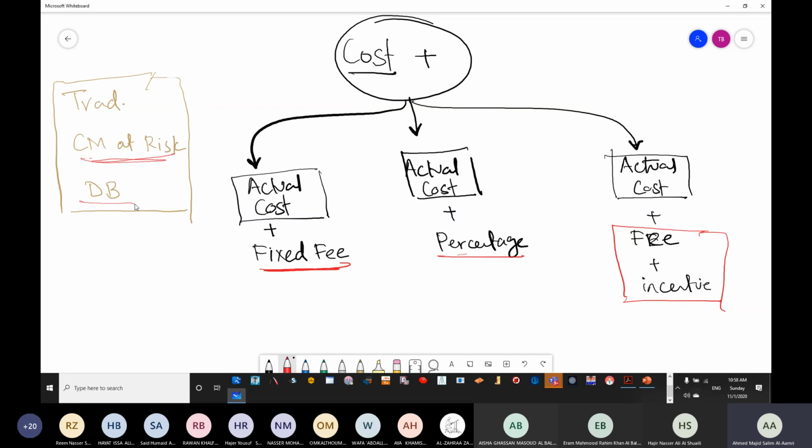Now, which one is better for you as an owner? To pay the contractor a fee, a fixed value, or to pay a percentage? Is it better to give him a fixed value as a profit, or is it better to give him a percentage?